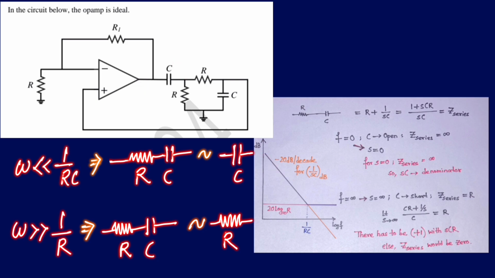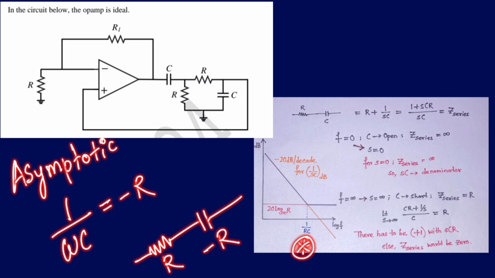But when omega is much greater than 1 by RC, this series R and C behaves more like a resistor, and the transition takes place when omega equals 1 by RC. At that time you are getting a 0 over there, which means that if you compute the impedance of R and C, it will be a 0 impedance, a short circuit, so only then you can get a 0. That is evident from our Bode plot.